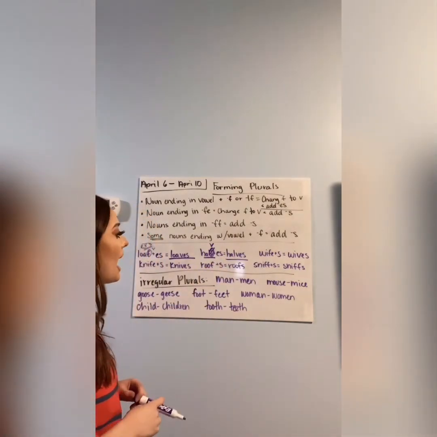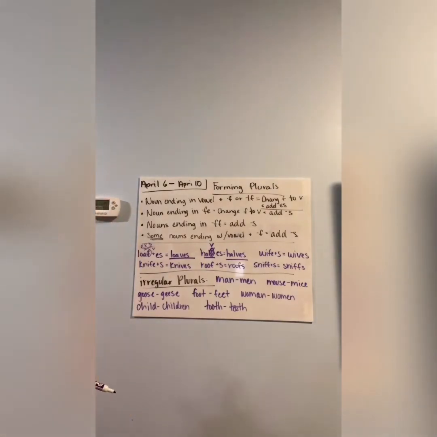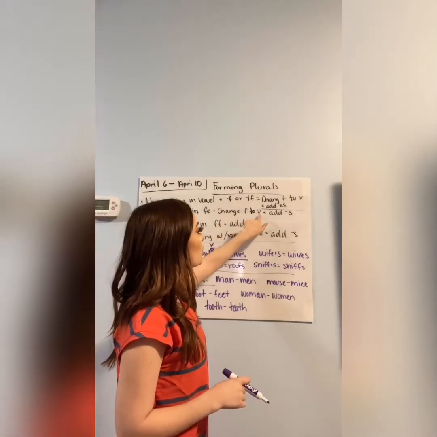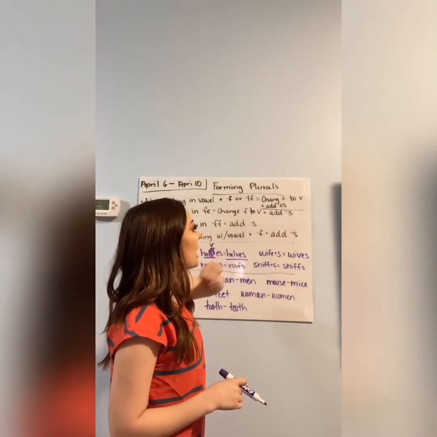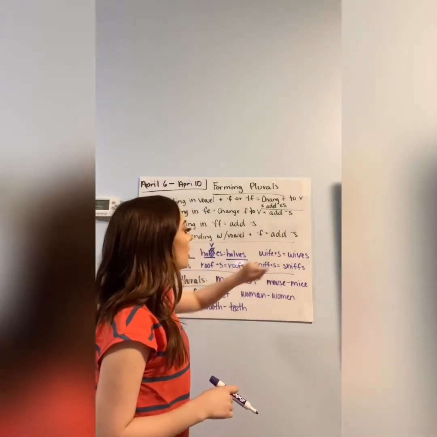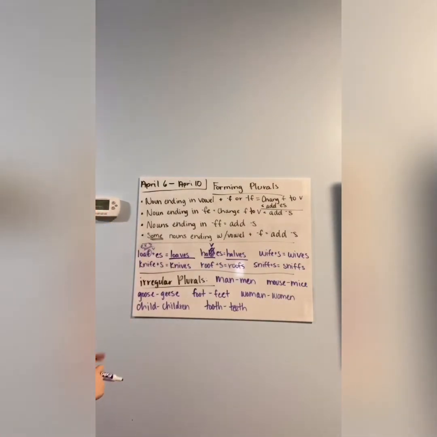It became halves, H-A-L-V-E-S. Also, another rule: when we have a noun ending in F-E, then we would change the F to a V and add S. Okay, so our word wife, the noun is wife, so it ends with an F-E.